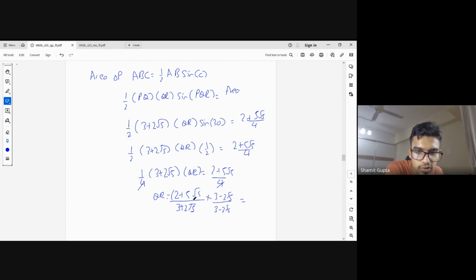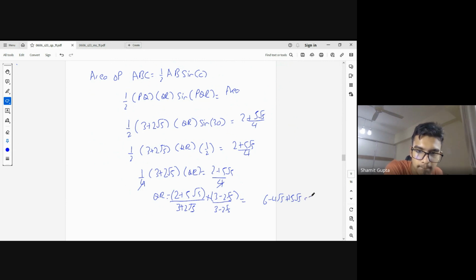You can FOIL this, you can multiply this. 6 minus 4 root 5 plus 15 root 5 minus 50, right?